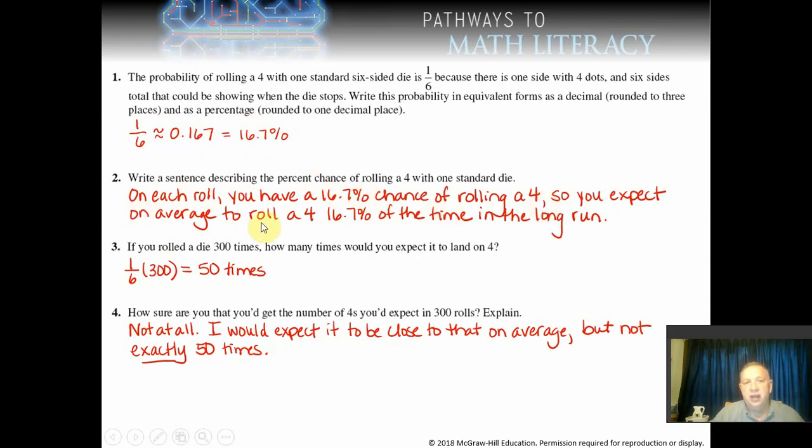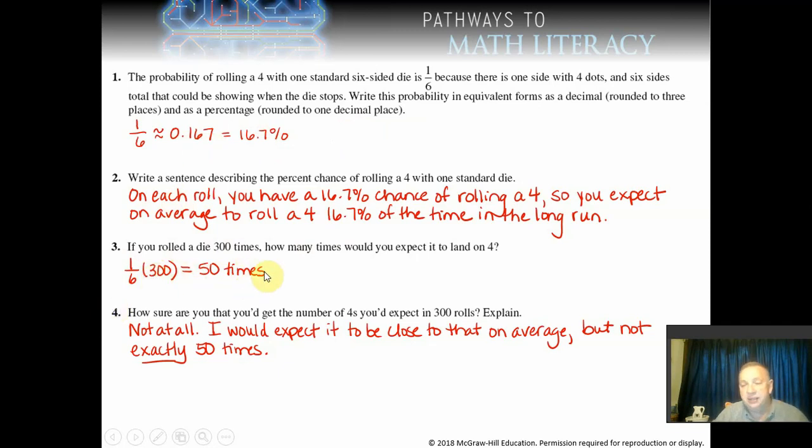So you expect on average to roll a 4 16.7% of the time. So this is helpful. If I did 100 times, I would expect 16.7 out of the 100 to be a 4. If I rolled a die 300 times, 1/6, that probability, or the 0.167 times 300, would be 50.